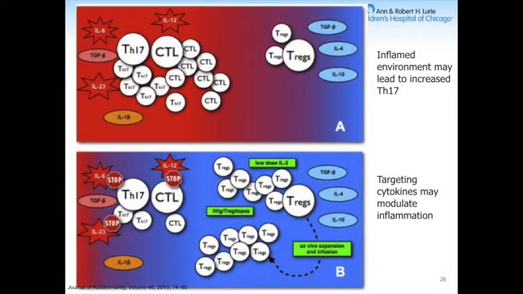So if you can target cytokines that actually reduce inflammation, you may help autoimmune hepatitis as well. And these are some targets that people are looking at: low dose IL-2, interleukin-2, giving IVIG, and expansion of T regulatory cells, which help regulate your cytokines, may help as well.